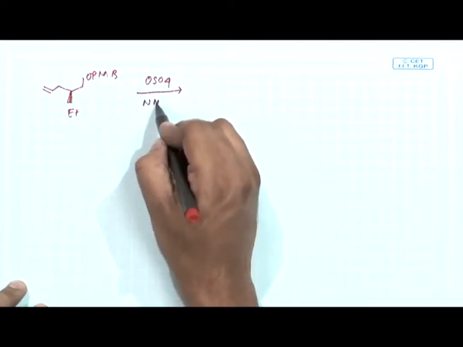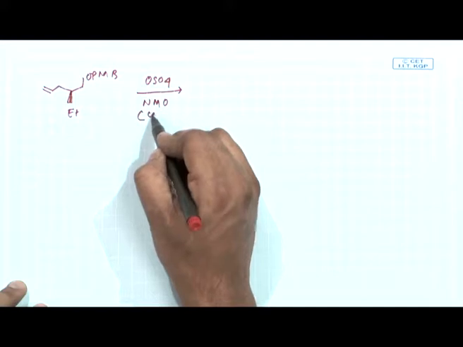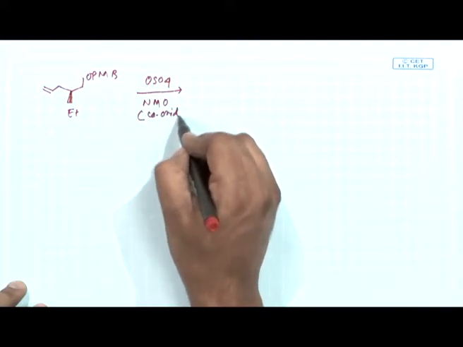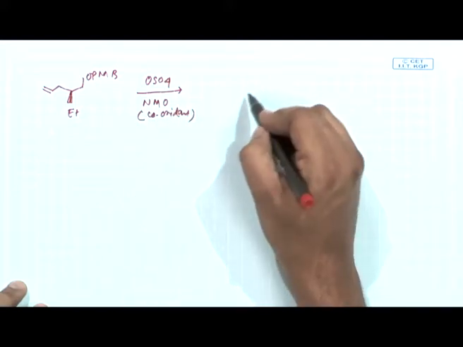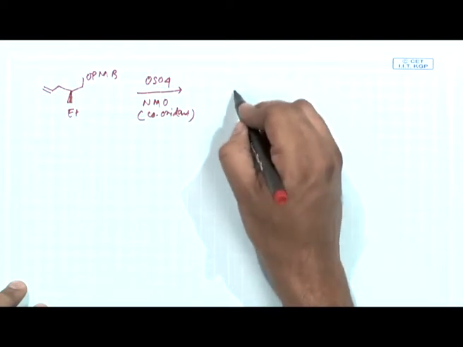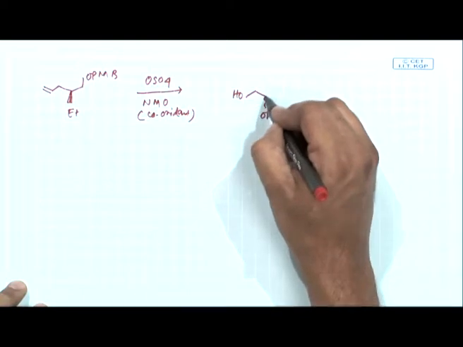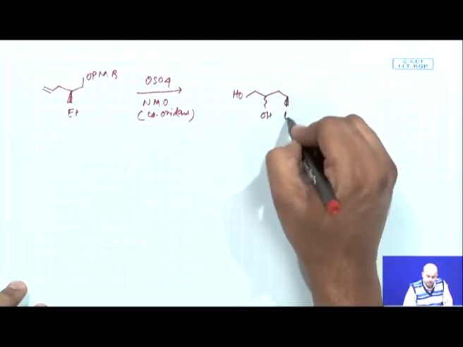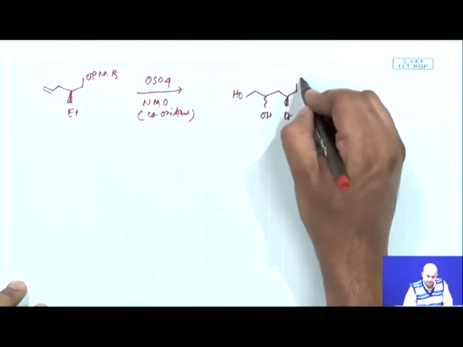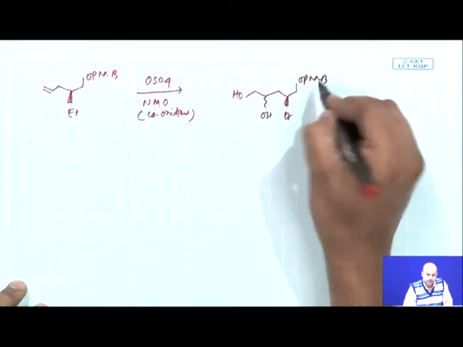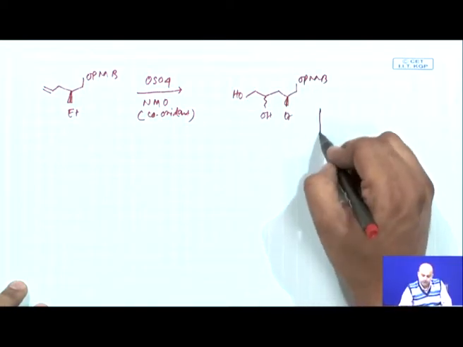You can use NMO as a co-oxidant, and this is a very standard straightforward reaction, and then this will be basically giving you this vicinal diol, OPMB.